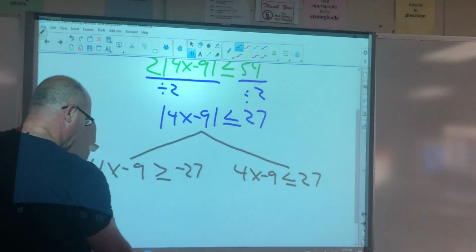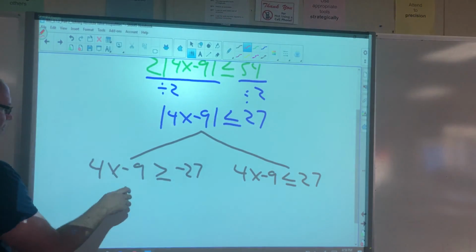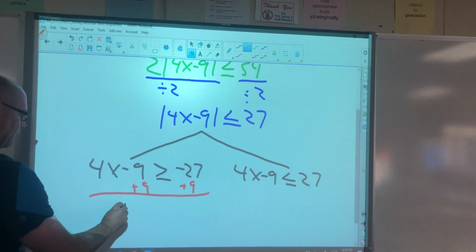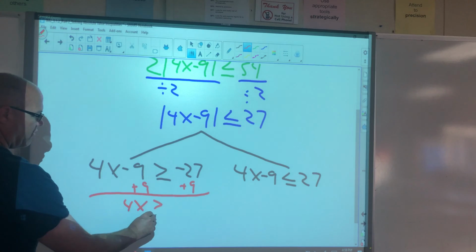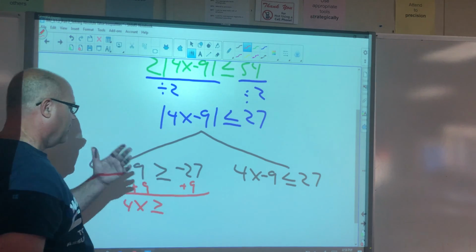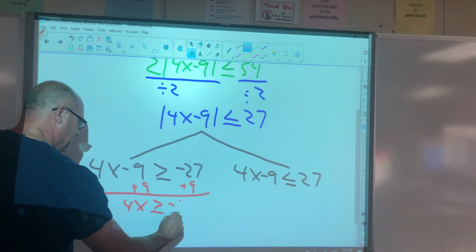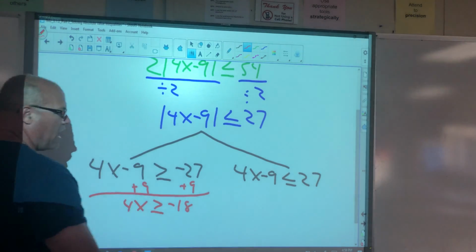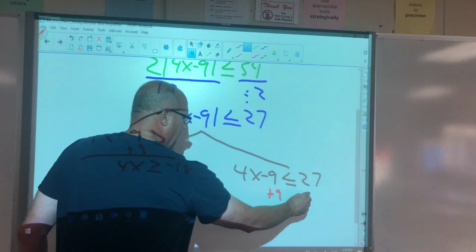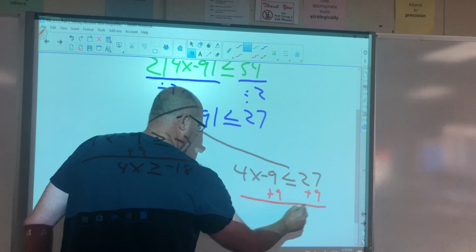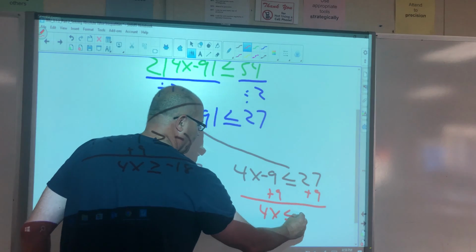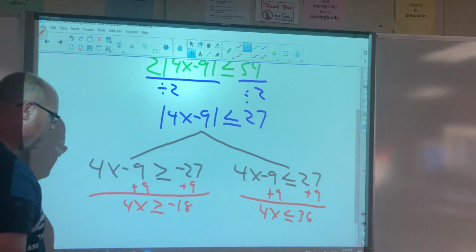Okay, so now we're going to solve both inequalities. Add 9, add 9. We get 4x is greater than or equal to, what's that, negative 18, I think. Yep. And then I'm going to add 9, and I get 4x is less than or equal to 36.